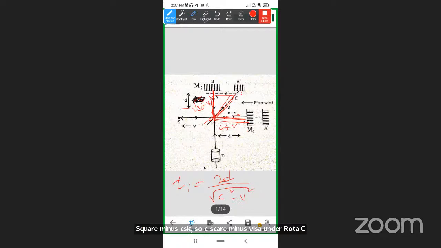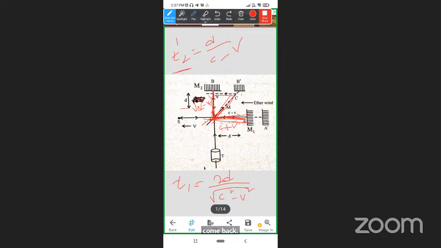And for the transmitted light, the time taken from M to M1, let us consider T2 dash, is D by C minus V. The distance is also D, and when the transmitted light reaches the M1 mirror and comes back, the time taken from M1 to M is T2 double dash, equal to D by C plus V.